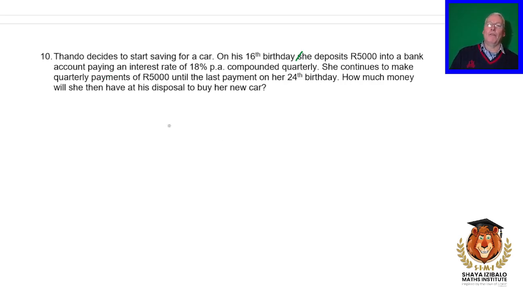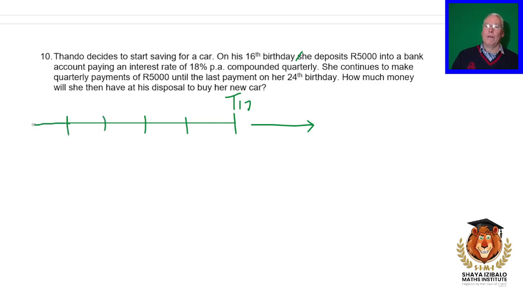Now, just be careful, because from the 17th birthday, there will be 4 payments each year. That's easy. But before that, there's going to be 1 at the end of each quarter: 1, 2, 3, 4.